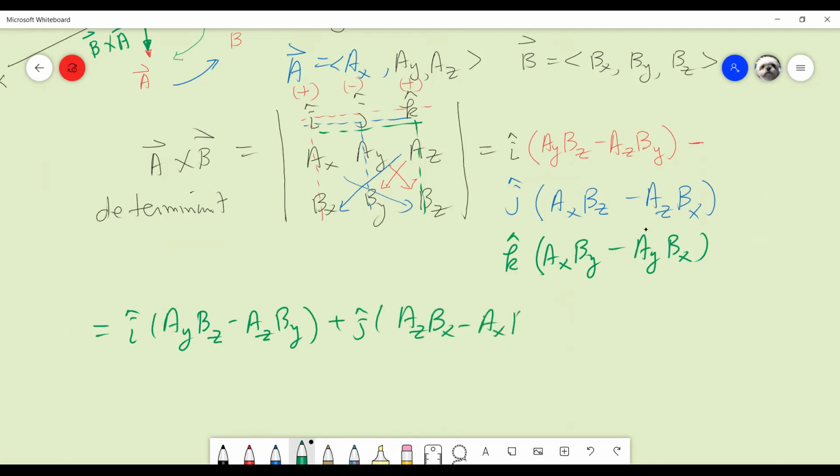So is this commutative, where the order doesn't matter, or does the order matter? The order matters here. When we're cross multiplying, the order matters.